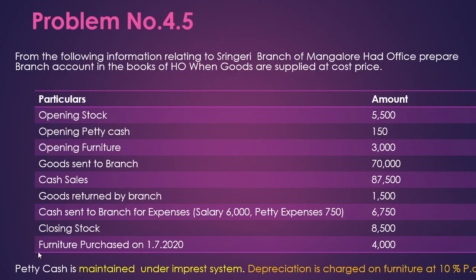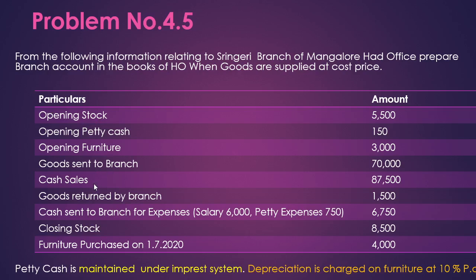Then they have given the transaction between the head office and the branch. Opening stock, opening petty cash, and opening furniture. So these three are the opening assets. So that represents the opening balance in branch account debit side. Goods sent to branch, of course, the goods sent by the head office to branch, you are going to write on the debit side of branch account.